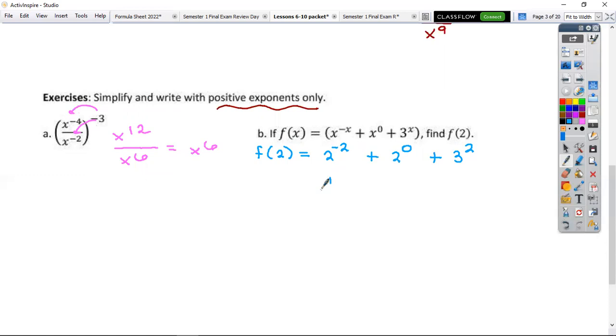So this would become a 1/2 squared. This is your 0 property. Anything to the 0 power just becomes 1. And then 3 squared is obviously just 9. Again, or you can use your calculator to do this whole thing. So this gives me 1/4 plus 10, which is just 10 1/4. Or equivalent to 10.25 if you prefer.